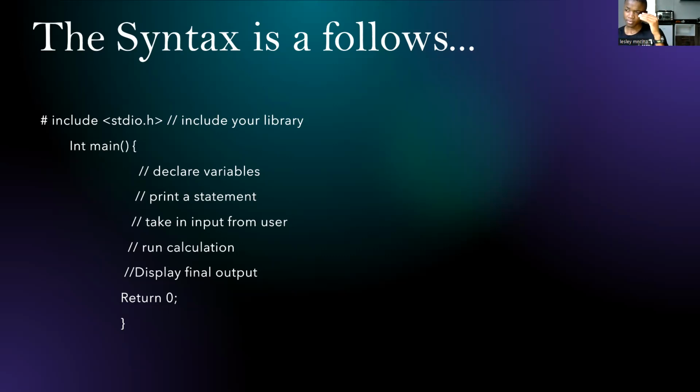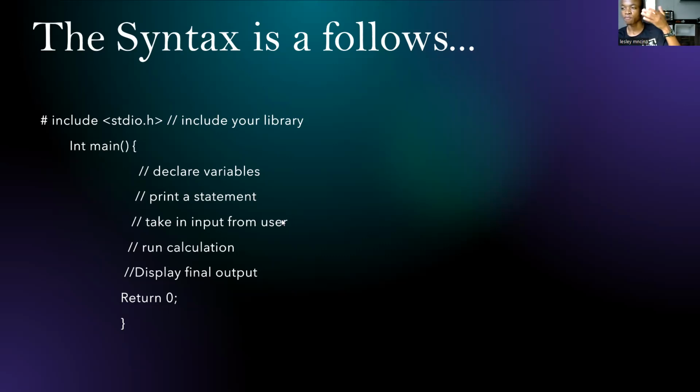But if for some reason the operation isn't successful, the function will start executing here. Declares the variables, the print statement, takes in the input from the user, and for some reason the user does not put in the right input.